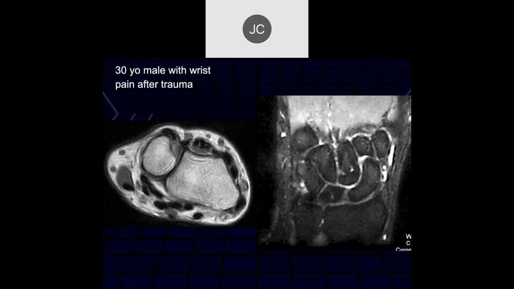Okay, Taysom. Pain and trauma. I don't see a clear attachment to the radius on the TFCC there in the star image. Yeah.